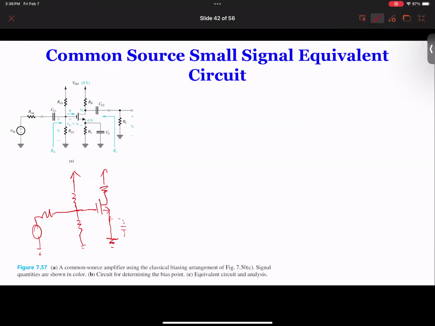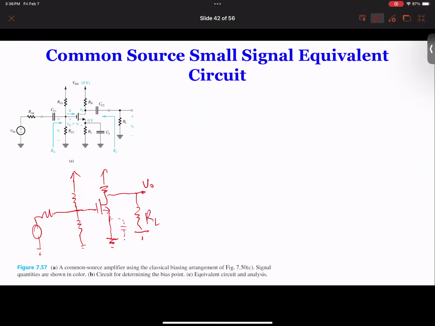So the C here really makes a short circuit. So this capacitor makes the AC a short circuit, and this is being shorted. So therefore, the source is directly connected to ground. And then at the output, this CC2 becomes a short circuit as well. So therefore, we have this RL, and then you get your V output over here.